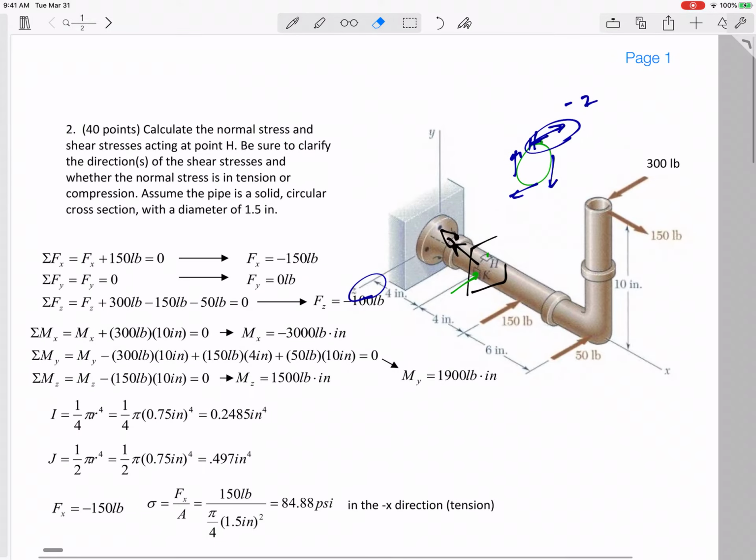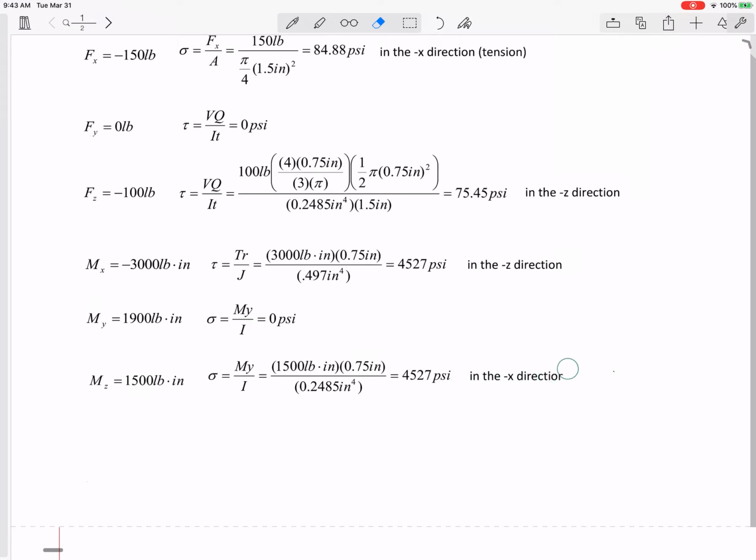So at point H, I do have tension of My over I. The M, 1,500 pound-inches. The y is the distance that I am away from the neutral axis. And then the I, I've already calculated. This one was in tension, right? It is pulling away from the cut. So the value right here, 45.27, and it would be in tension, which is the negative x direction.